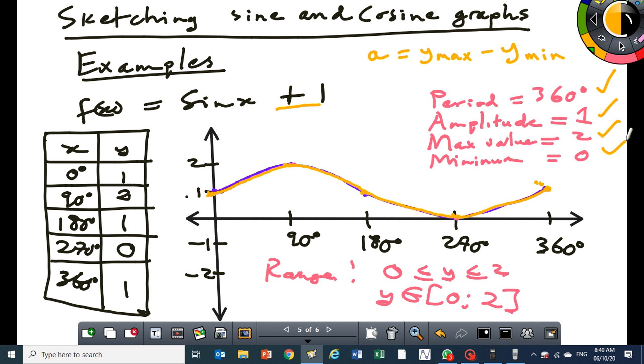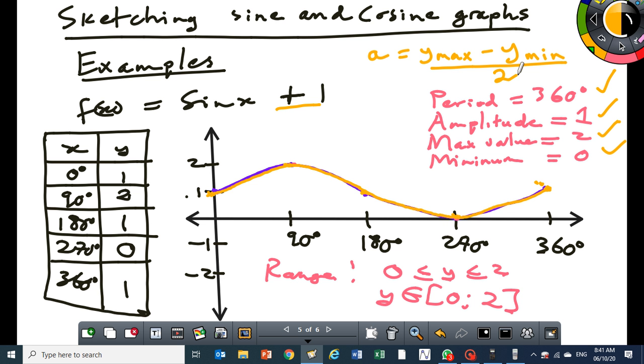The amplitude is given by the formula A equals y maximum minus y minimum all over 2. Please write that down somewhere in your method. So our maximum is 2, minimum is 0. 2 minus 0 over 2 will give you 1, which is consistent with the equation.